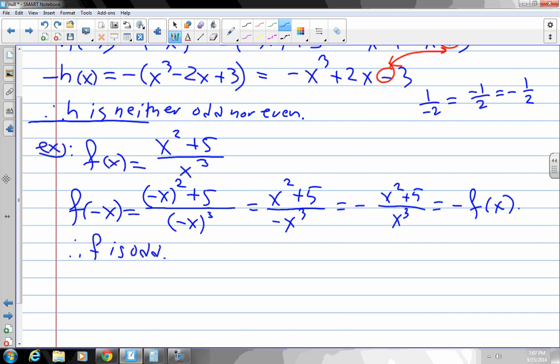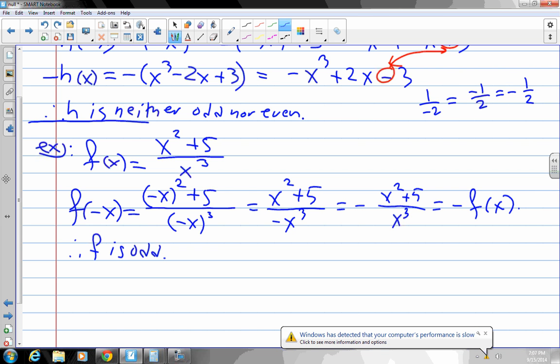Numerator just came back to where you started, while denominator alone is an odd function. So you have really a ratio of two functions. It was an even function divided by an odd function. And we can make a general proof that will show that every time you're dividing an even function by an odd function or odd function by an even function, the result is going to be an odd function.